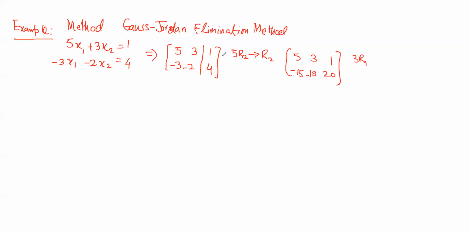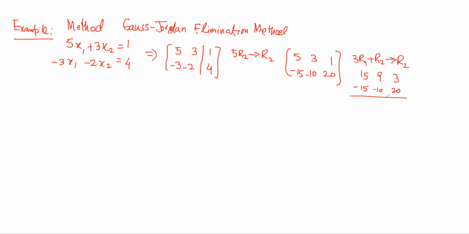Now we multiply the first row by 3 and add it to the second row. So this will be the new second row. 3R1 will be 15, 9, 3, and the second row is -15, -10, 20.